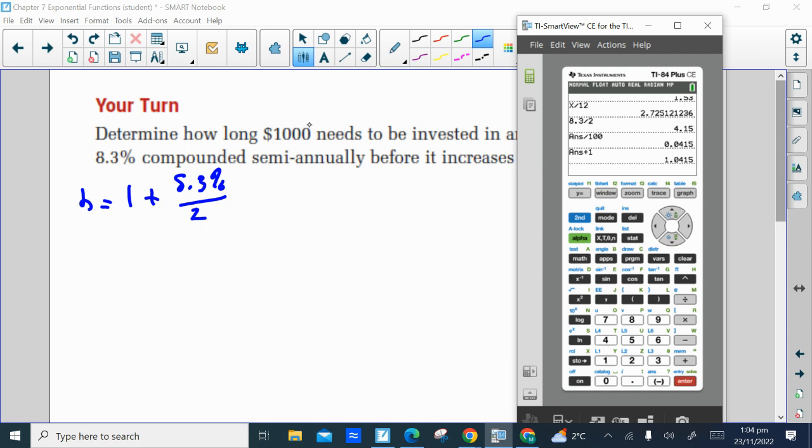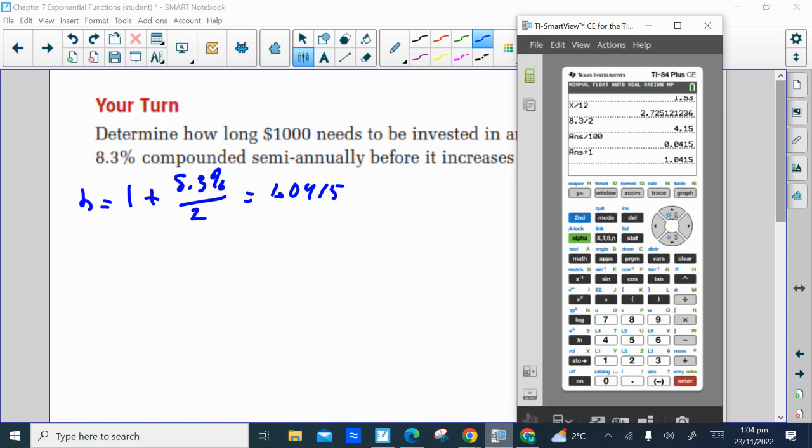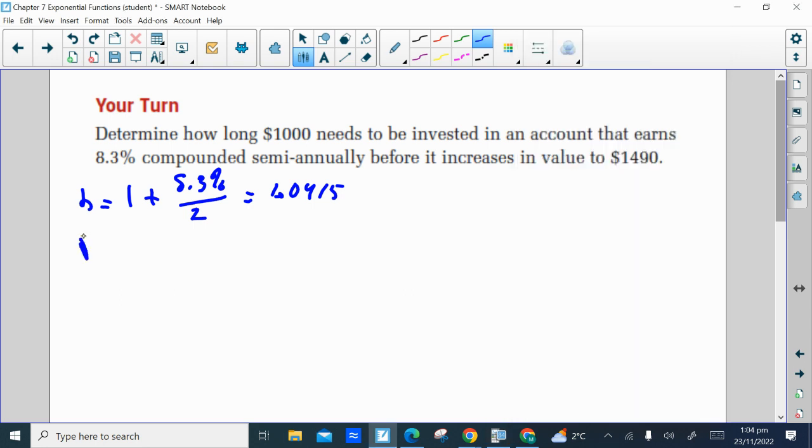So it'll be 1.0415. That's what our B value is, 1.0415. Okay. Now, our P value.